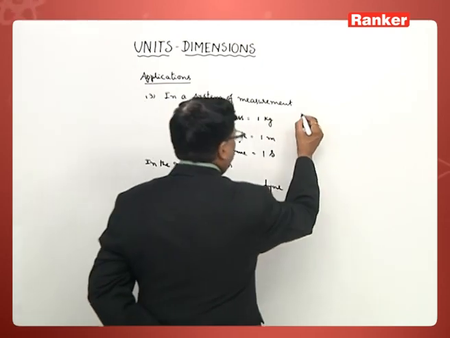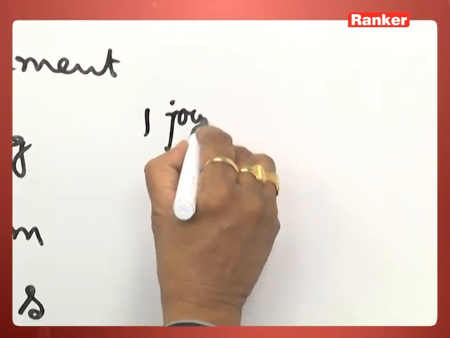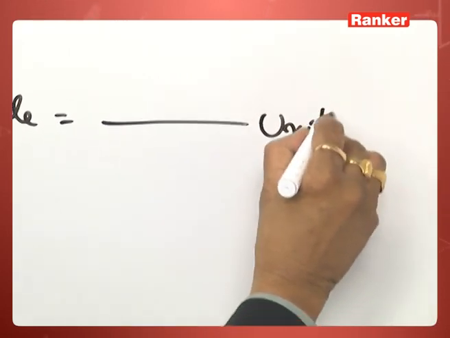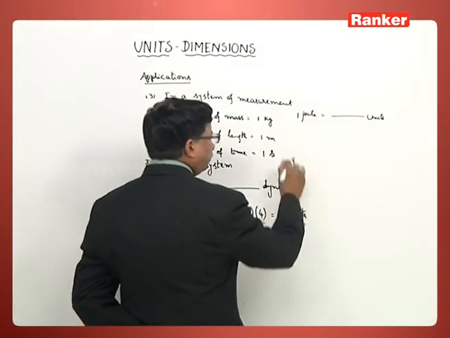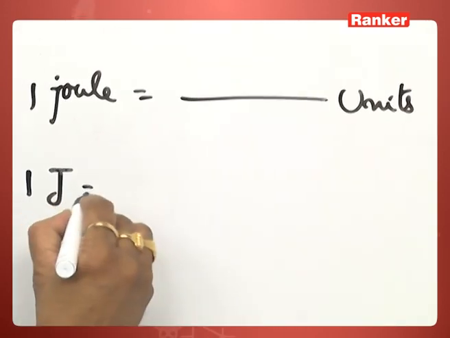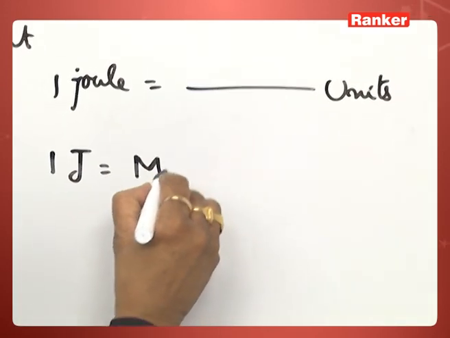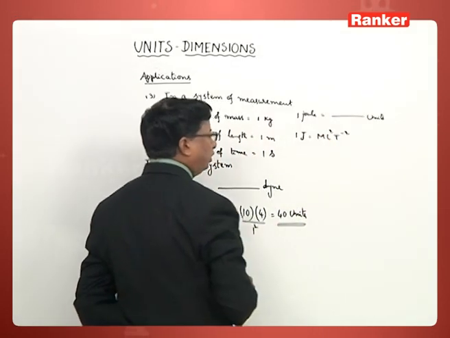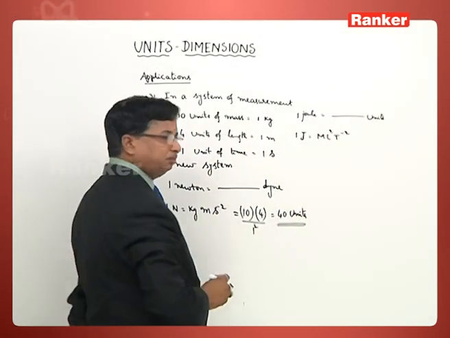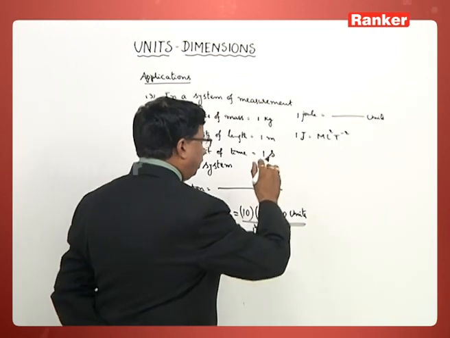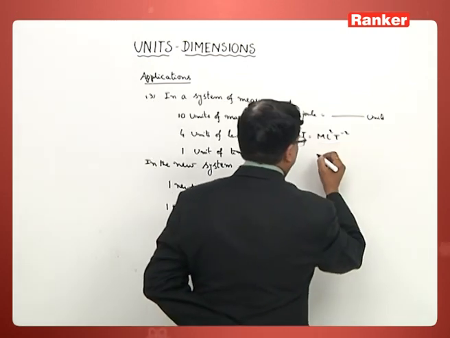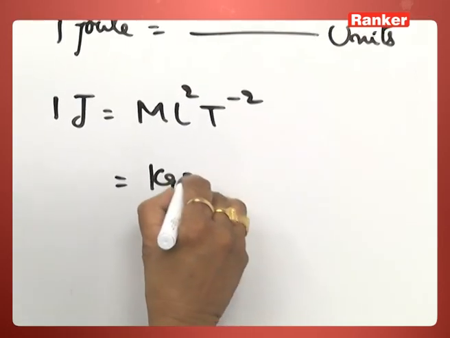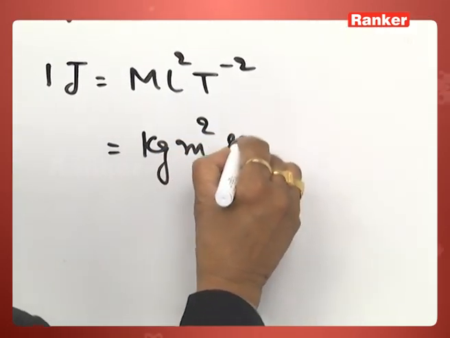Likewise, if I ask you, 1 joule is equal to how many units? First of all, what is 1 joule? It is M L square T power minus 2. That is the dimensional formula for that. You can even rewrite the same this way, that is kg meter square per second square.